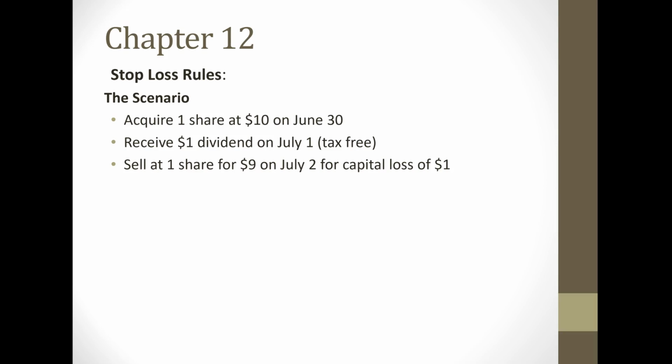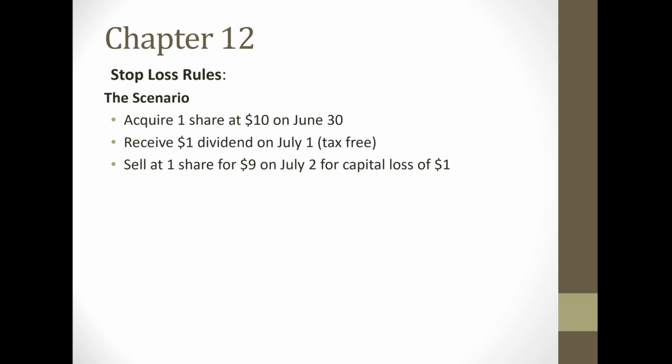So they received a $1 dividend tax-free. Because they bought the share for $10 and they sold it for $9, they now have a capital loss of $1. Now once again, only 50% of that is allowable, but they basically received $1 tax-free, and now they have a capital loss which they can use, 50% they can use against taxable capital gains.